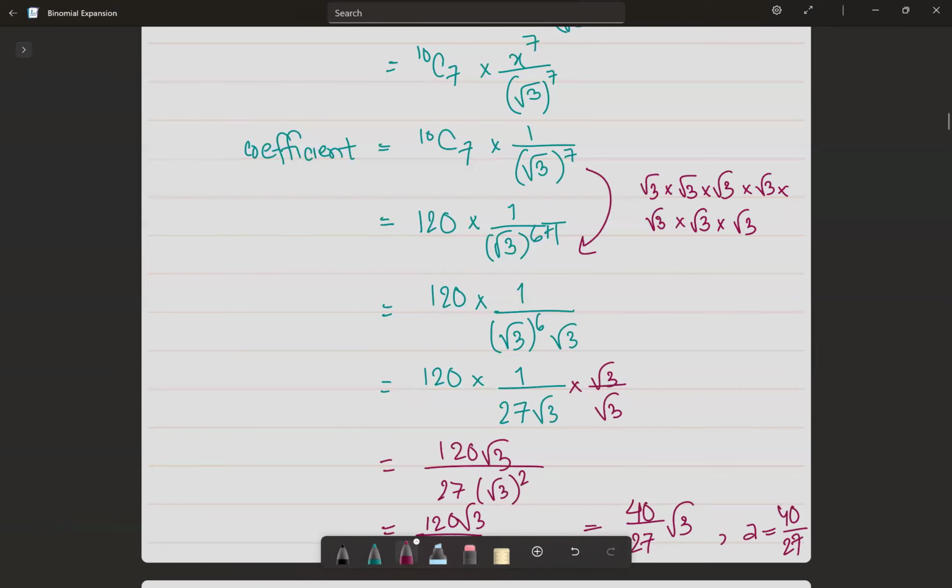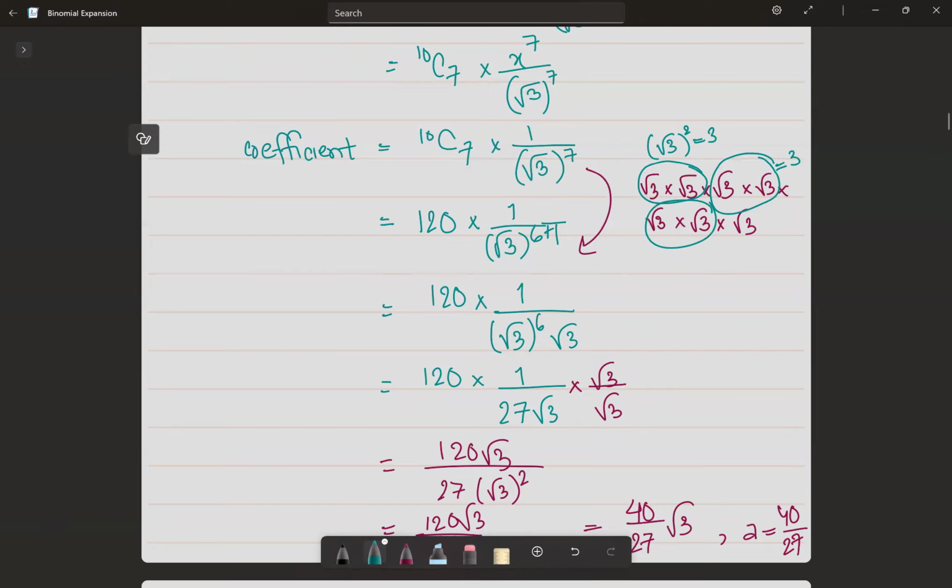Now see, for every 2 pairs, you will get a root 3 whole square, which will give you 3. So for these two, you're going to get root 3 whole square. So the square and the root will get cancelled out and you will get 3 only. In the same way, from these two, you will get 3.